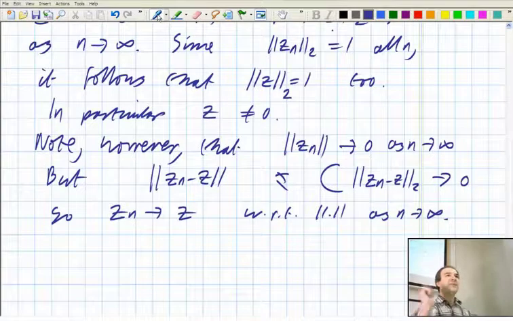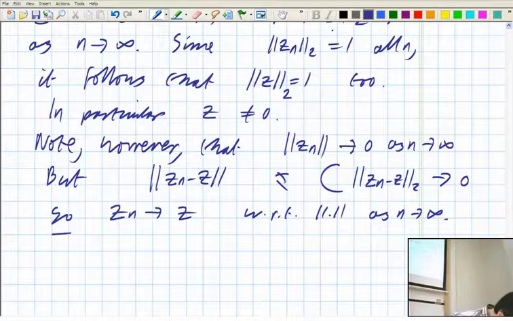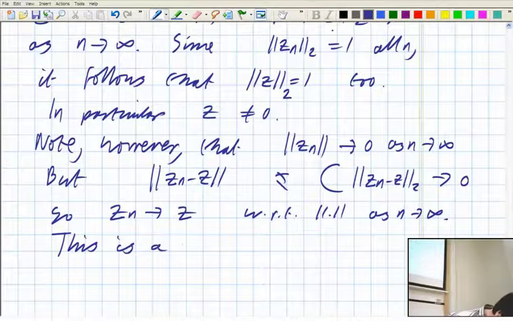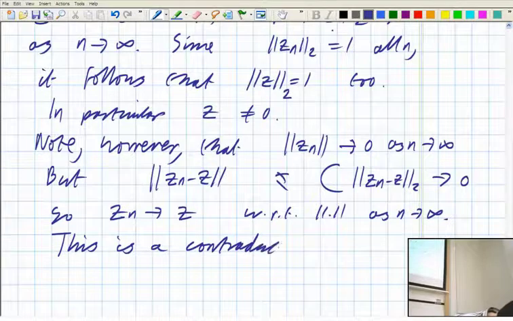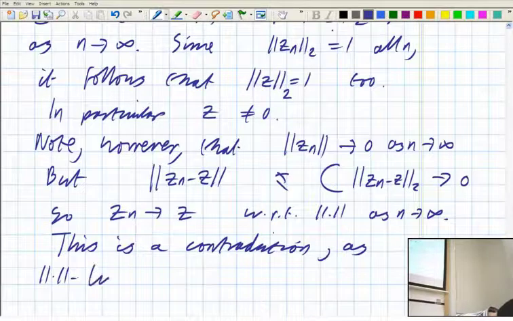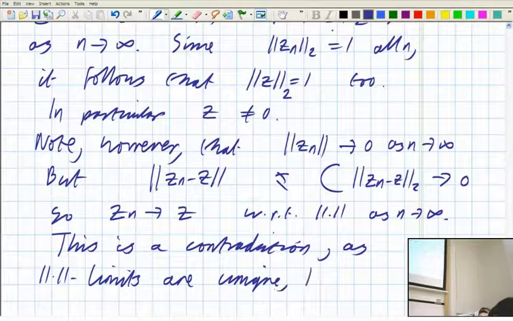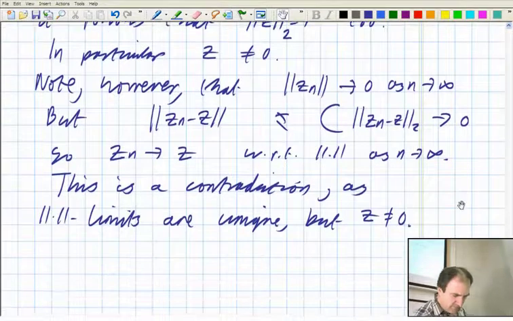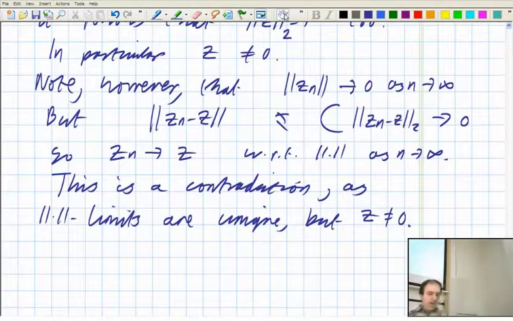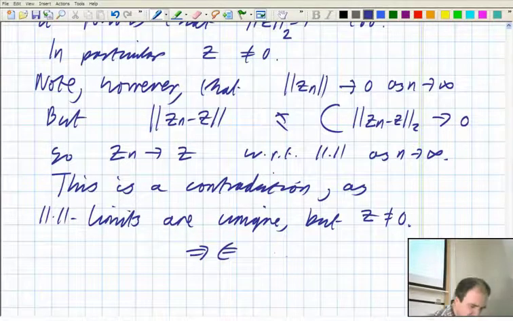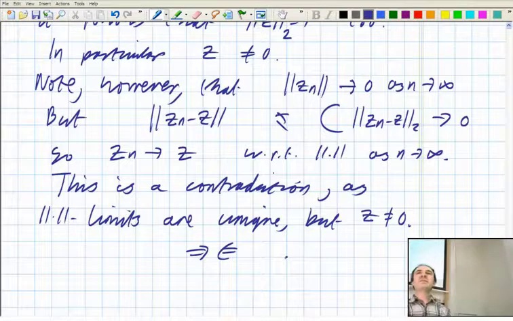This contradicts the uniqueness of limits that you would have from the ordinary norm. So that contradiction shows the constant C2 does exist, and the proof is finished.